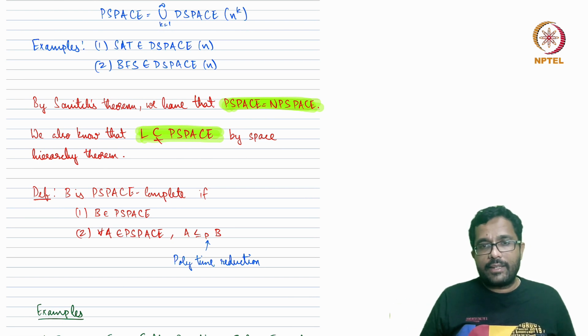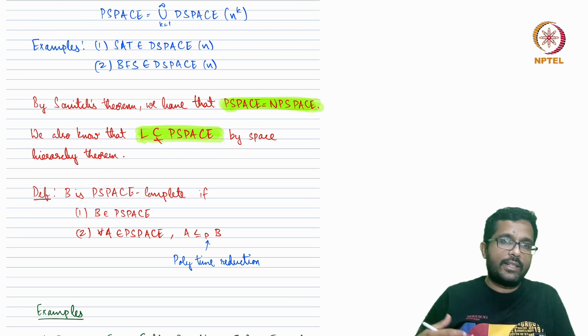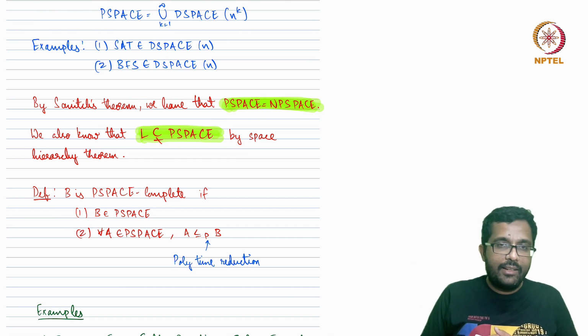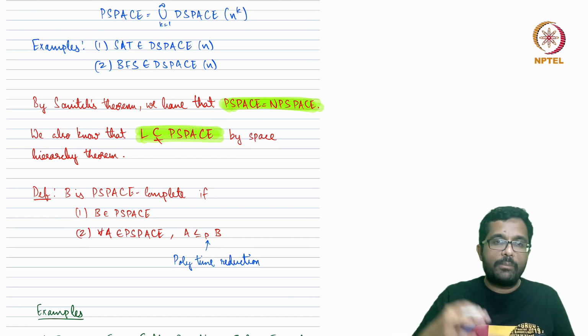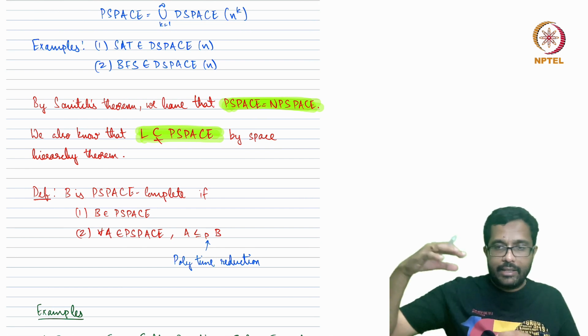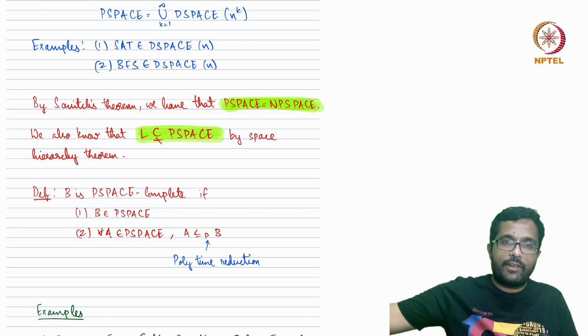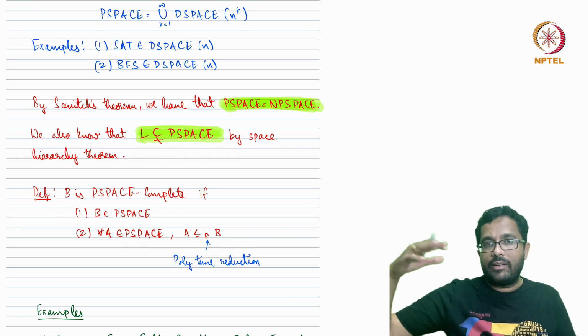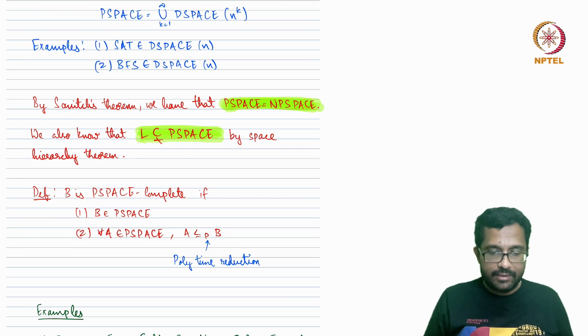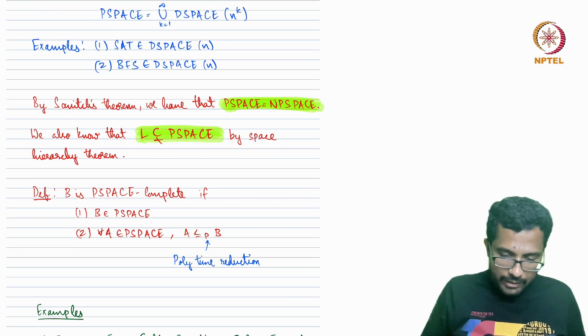So if you have two such functions, one clearly faster growing than the other, not by a constant, it has to be even bigger than a constant, then there is a language that requires n cubed space but cannot be decided in n squared space. So basically, whenever there are two functions, one of which is much faster growing than the other, there is a language that requires the bigger space and cannot be decided in the smaller space, right?